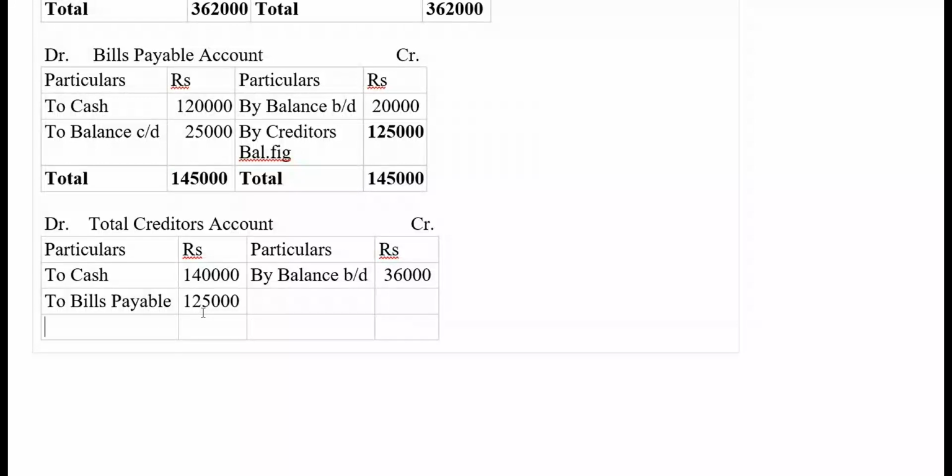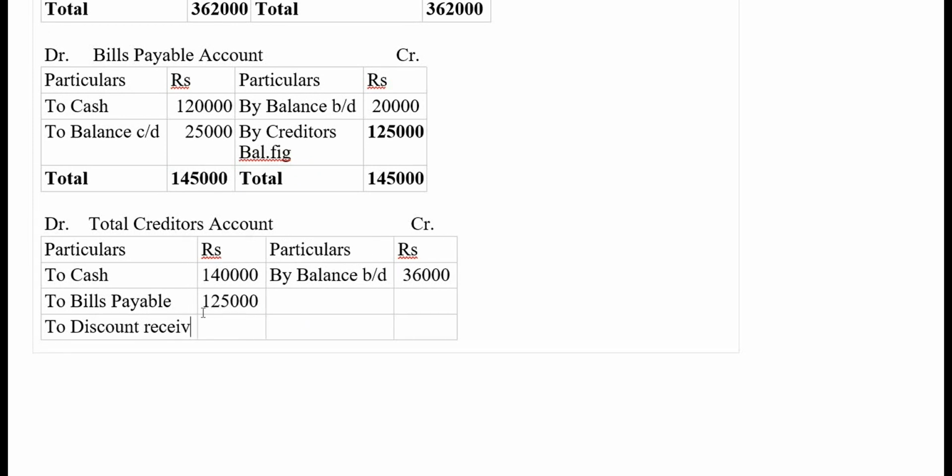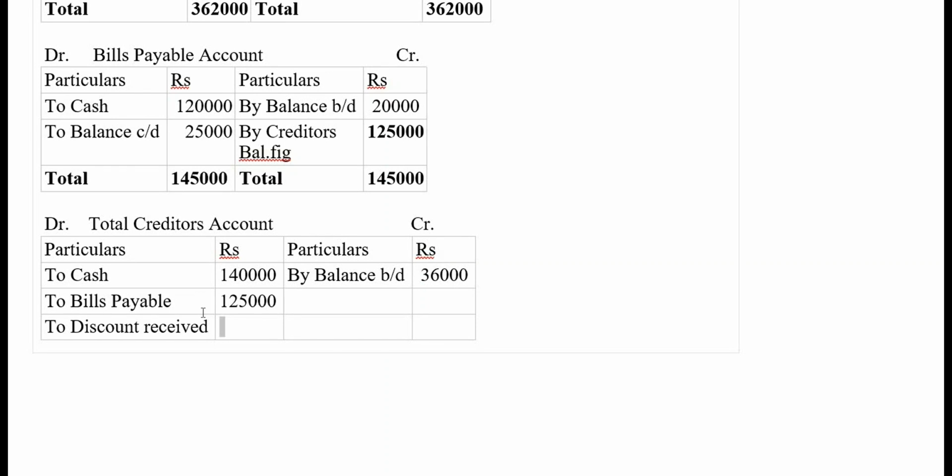Then when the discount is received, the entry will be total creditors account debit to discount received, rupees 1,000. Then closing balance to balance carried down, 40,000.